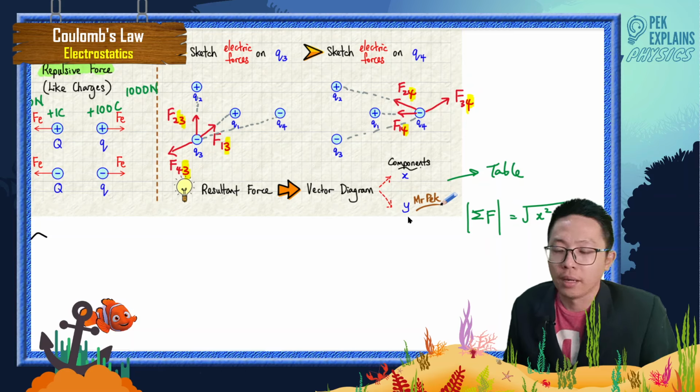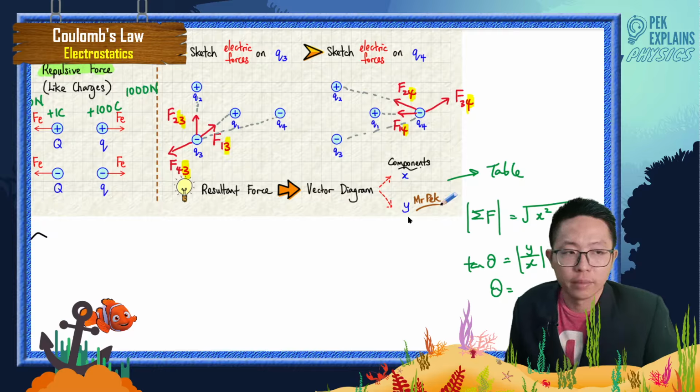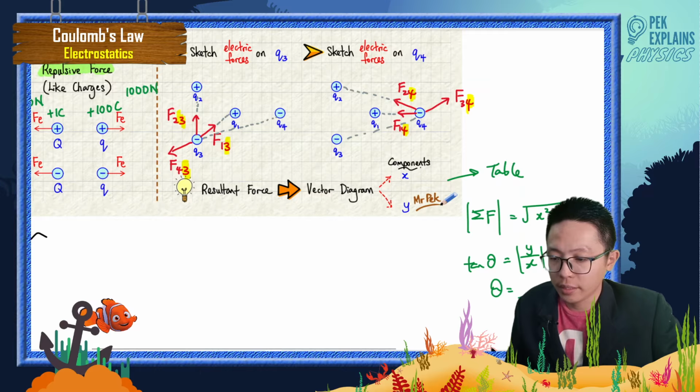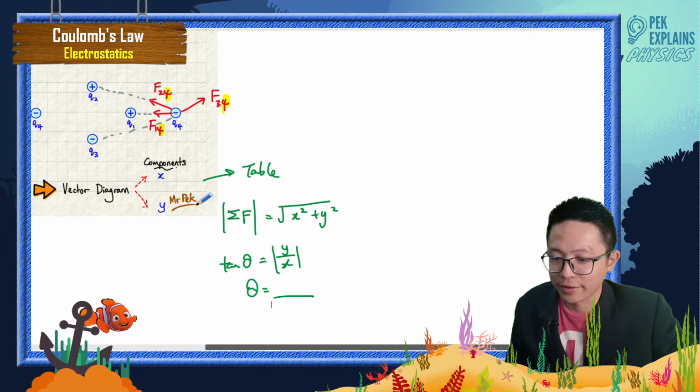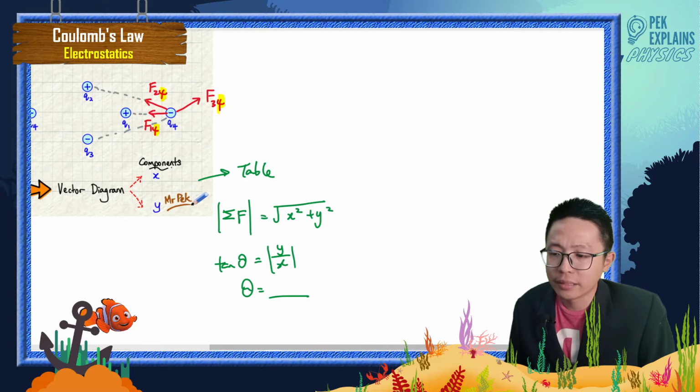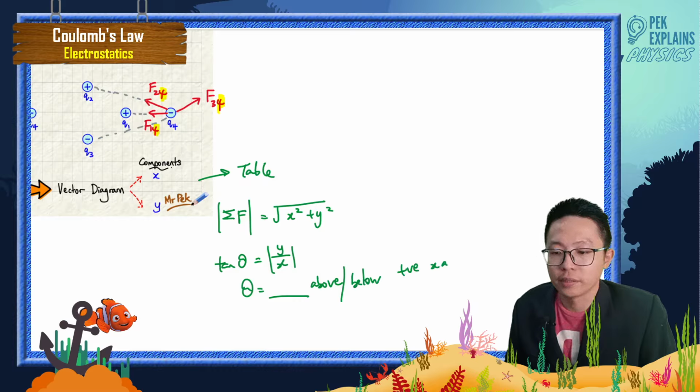Then find the direction, tan theta equals y over x, and find whether the angle is above or below the positive x-axis, or the negative x-axis.